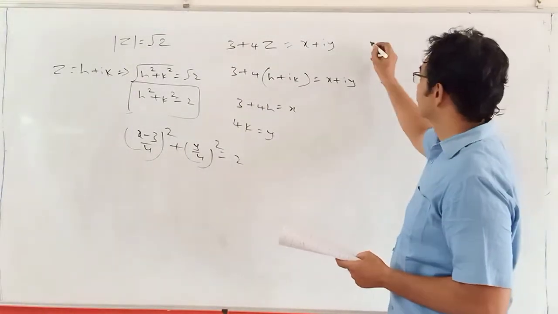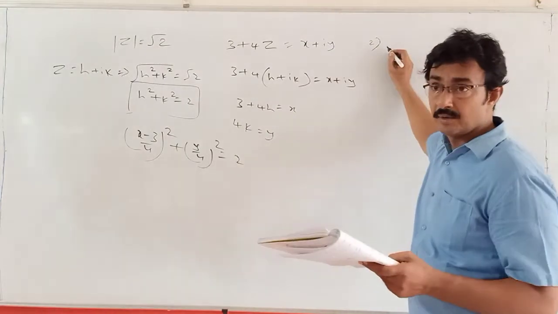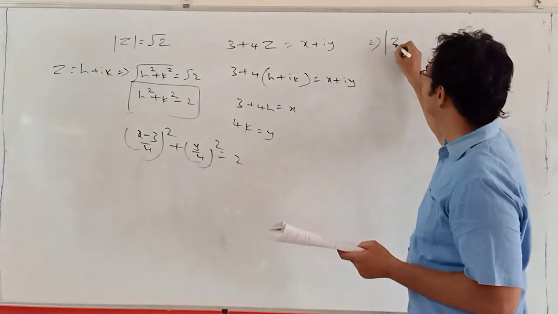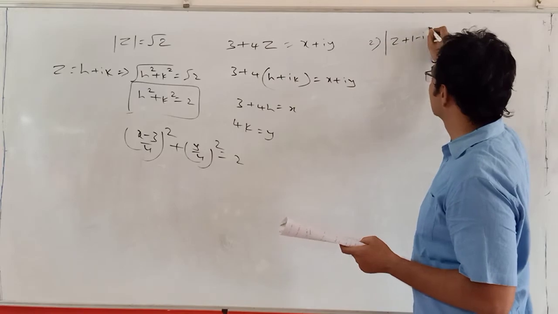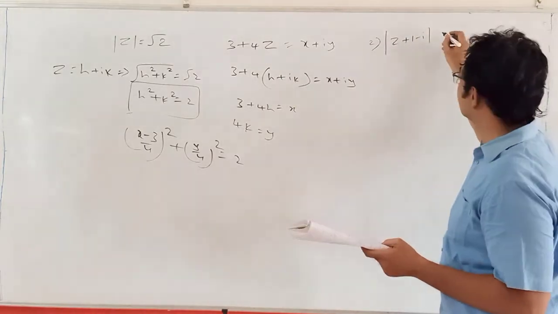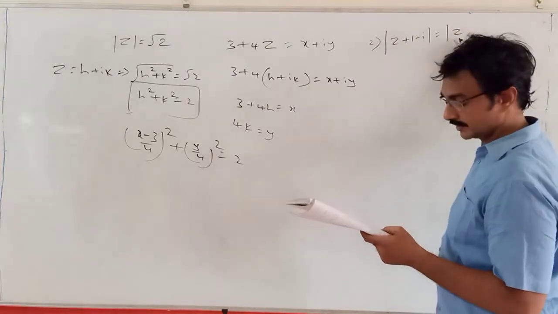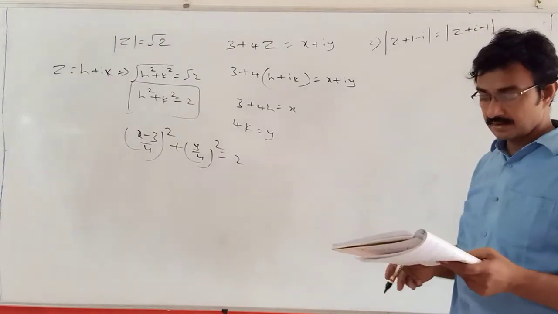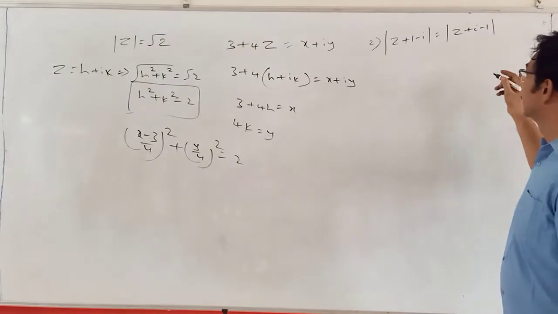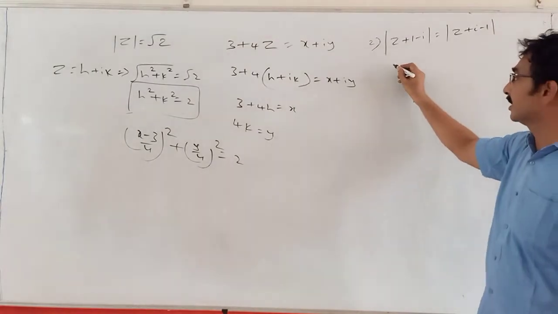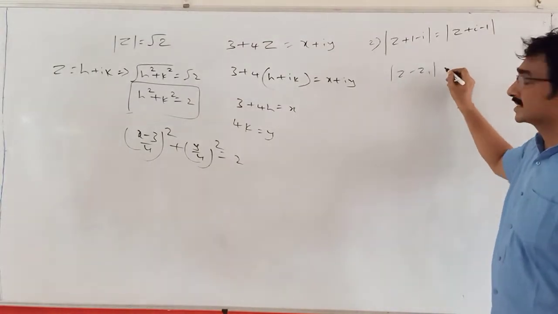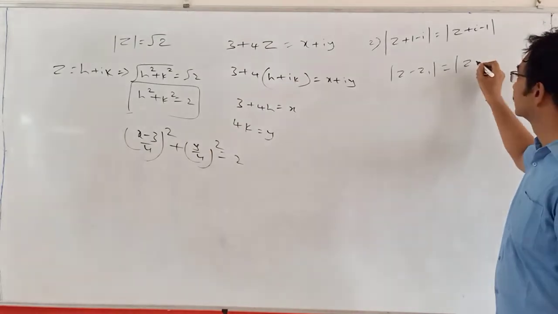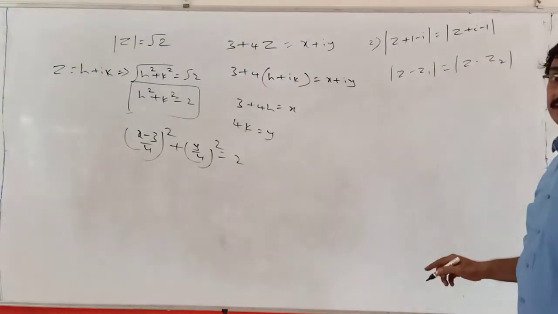Next, second one: modulus of z plus 1 minus i equal to modulus of z plus i minus 1 represents dash. So clearly this is in the form of modulus of z minus z1 equal to modulus of z minus z2.